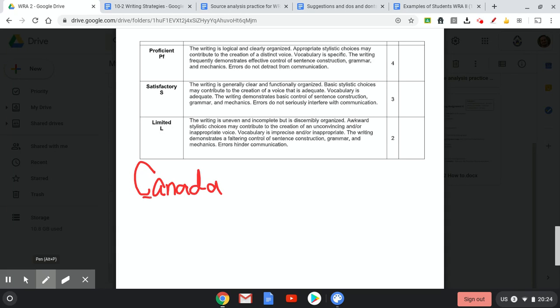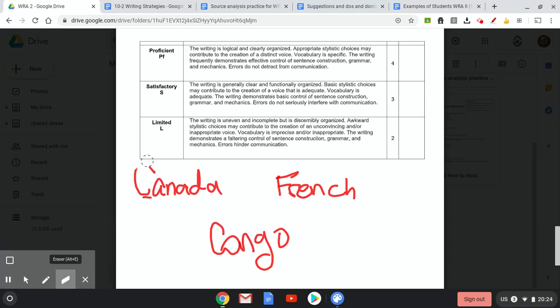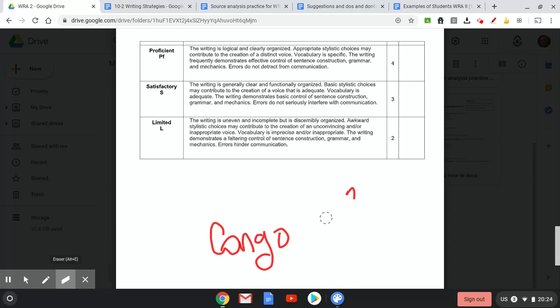You need to have a capital C. This would be the same if you wrote something like the language French or the Congo. You need to make sure you're capitalizing correct things. Punctuation. Use periods, commas. Please don't have run-on sentences.